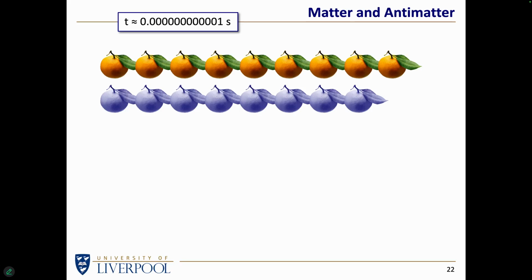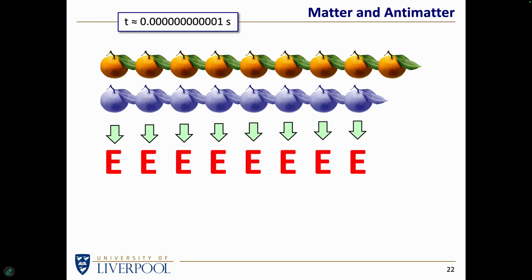So when the matter and antimatter annihilate with each other to make energy, we get a whole load of energy, mainly in the form of radiation, floating around the universe, and there's a tiny bit of matter left over on the right-hand side there that hasn't got an equivalent antimatter to annihilate with.